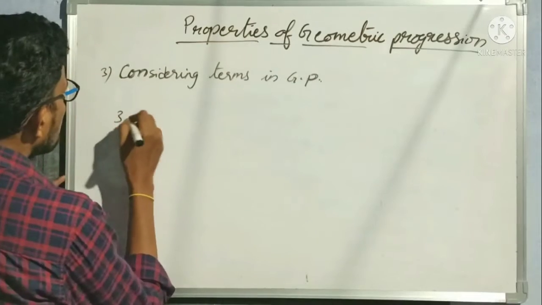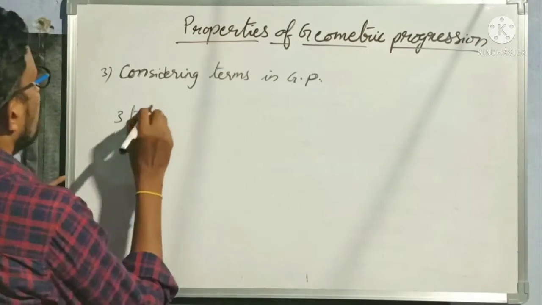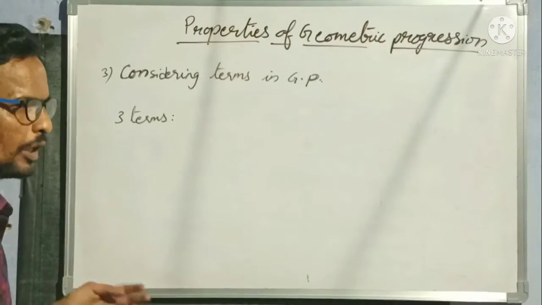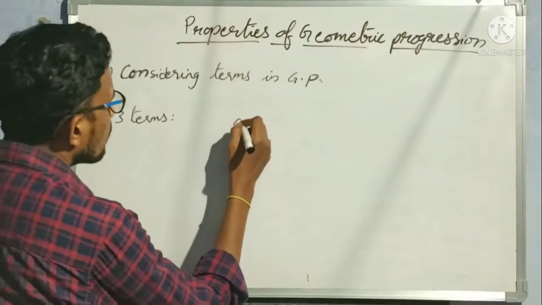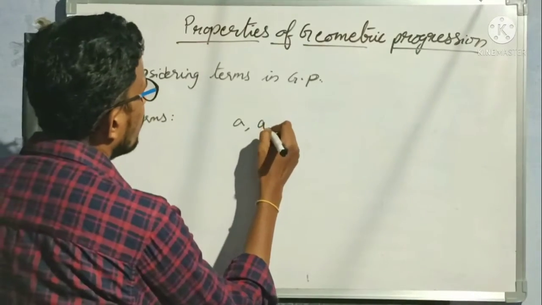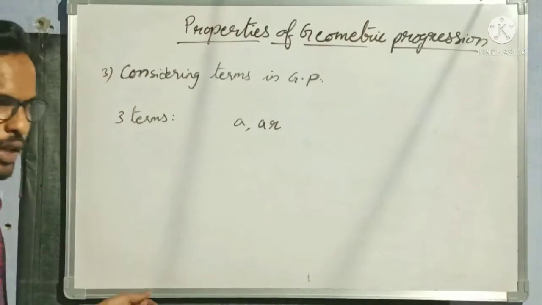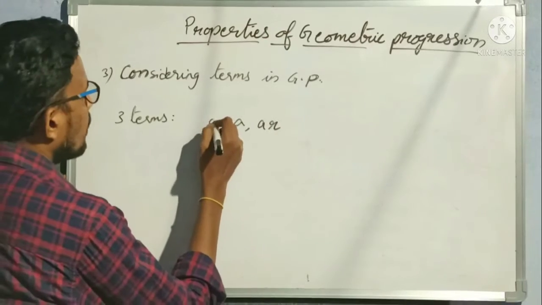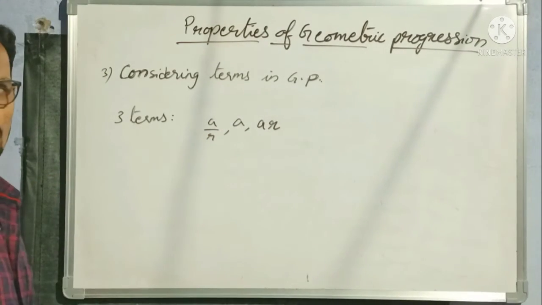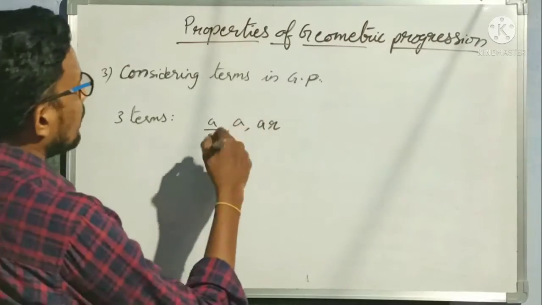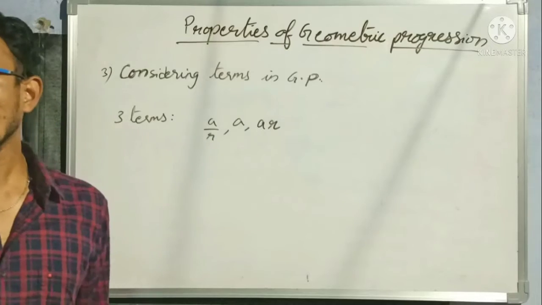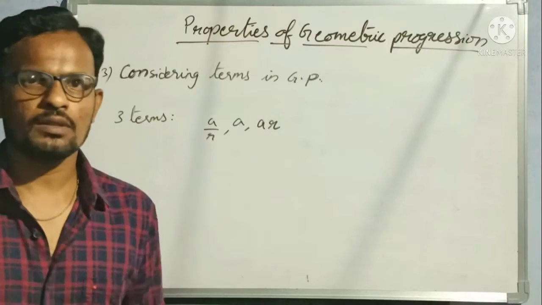When three terms are there, how can we consider terms in GP? Right in the middle, A. If I multiply with the common ratio R, then it is AR. If I want the previous term, then I should divide by R. So these are the three terms. Understood? So that when we multiply these three terms, R gets cancelled and we can find the A value directly, so that we can find the three terms.